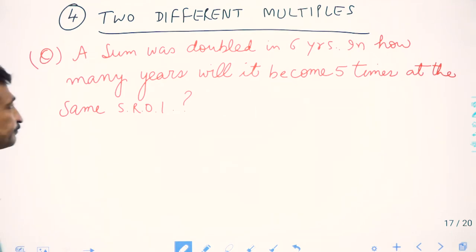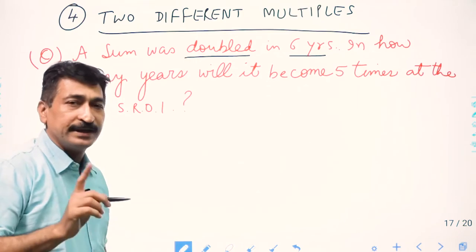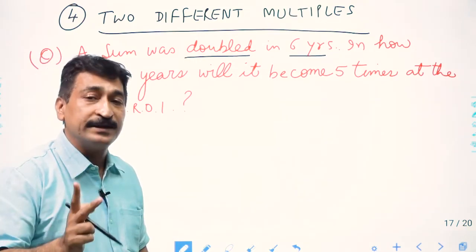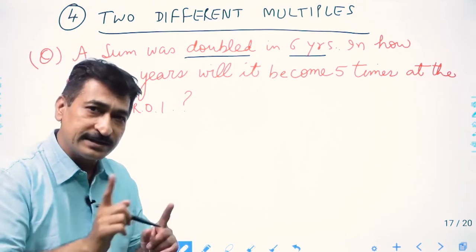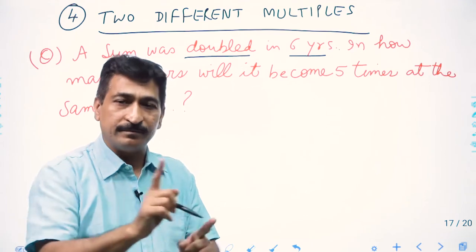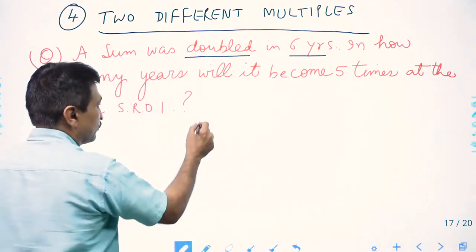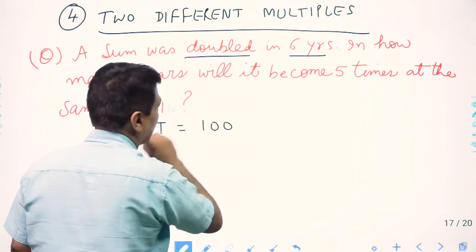First thing, the money is doubled in 6 years. What is the meaning of double? 2 times. 2 times means 200%. 200% is what? Amount. So what is RT? Total interest, amount minus principal. So 200 minus 100 is 100. So RT is equal to 100.